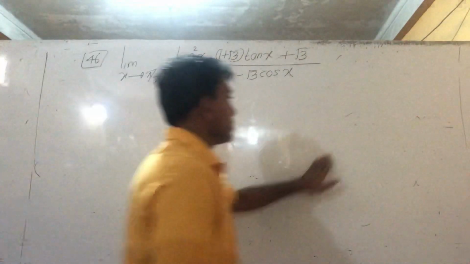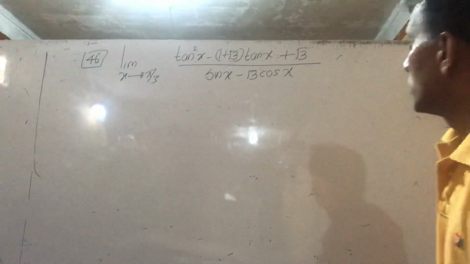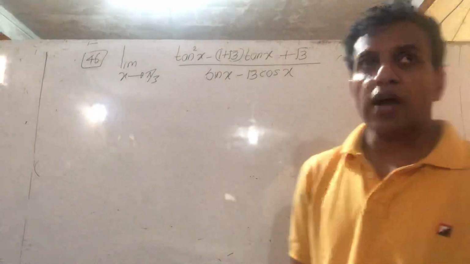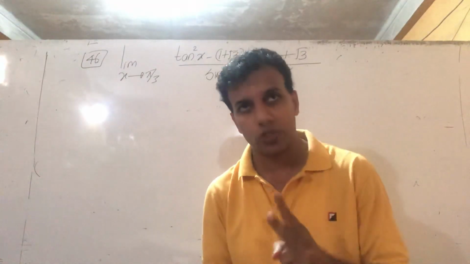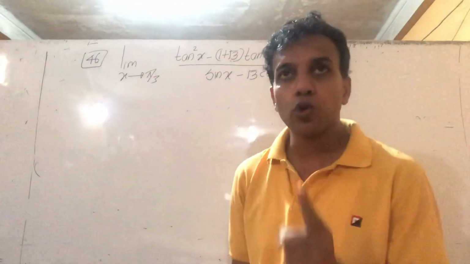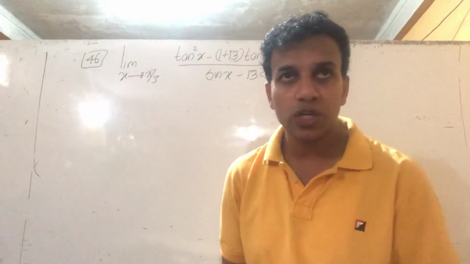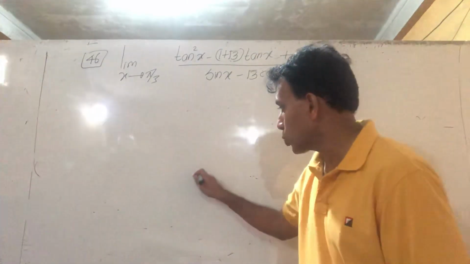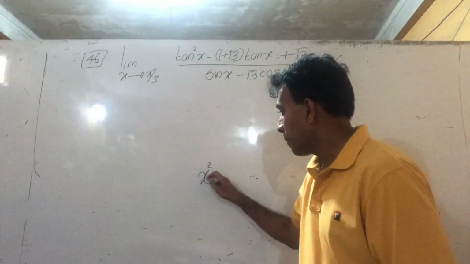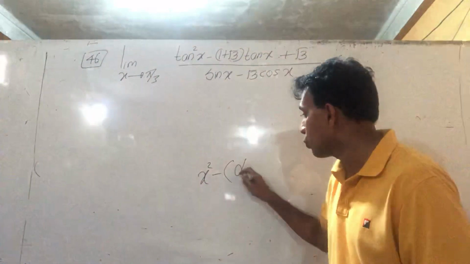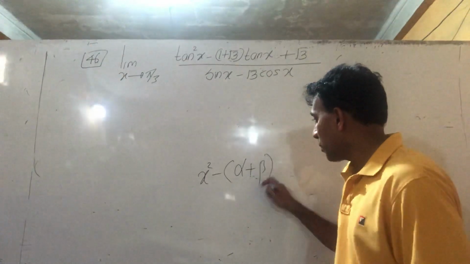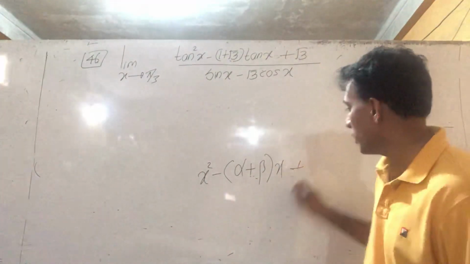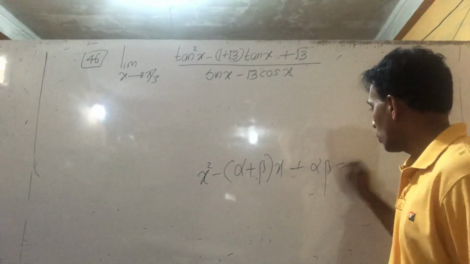Okay, series. If you are very clear on the quadratic equation pattern, if alpha and beta are the two roots, write the equation as you learned in our theory class: x square minus the sum of the roots x plus the product of the roots, alpha beta, equal to 0.